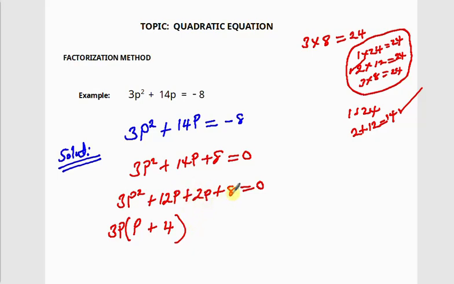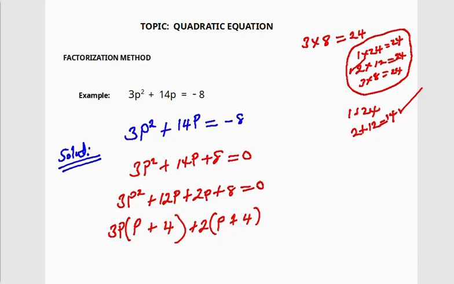What is common between 2p and 8? We see that 2 is common. 2p divided by 2 is p. Now 8 divided by 2 is 4. You see that the value inside the bracket is the same thing as here. Right.